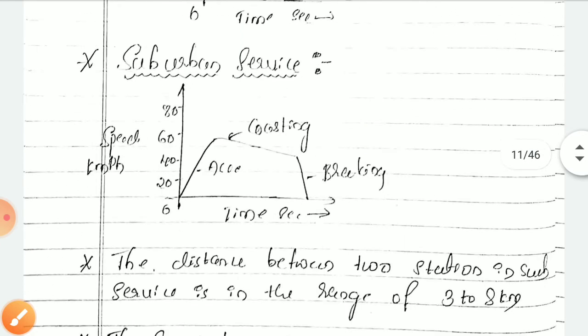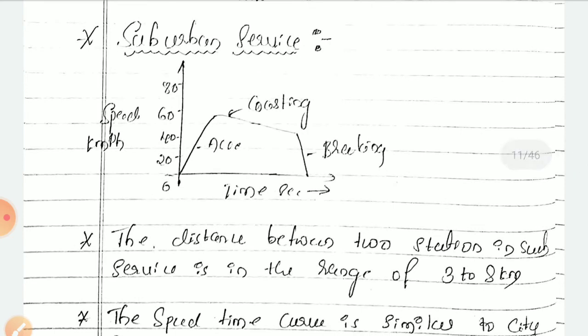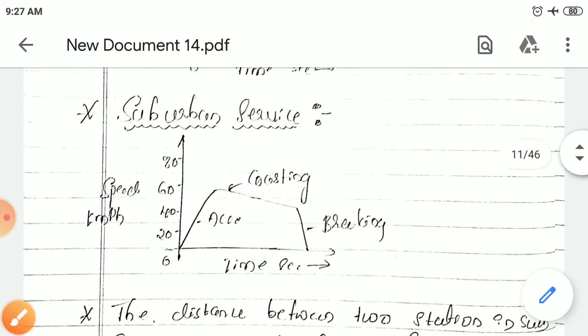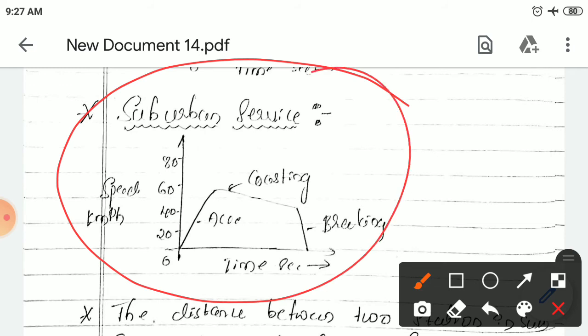Next is suburban service. The distance between the two stops is around 3 to 8 kilometers. This also looks similar to city service. Here also the train is accelerated and the power supply is turned off, but the brakes are applied a bit later.